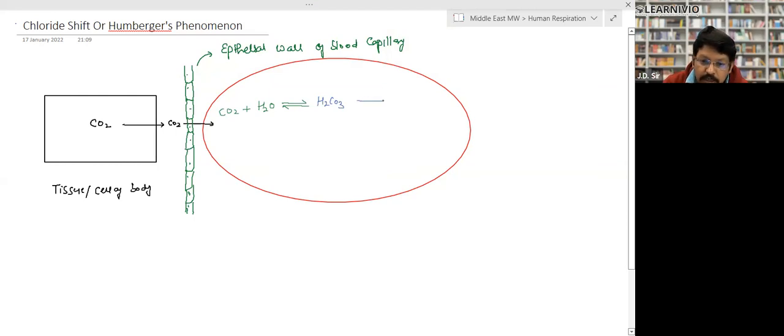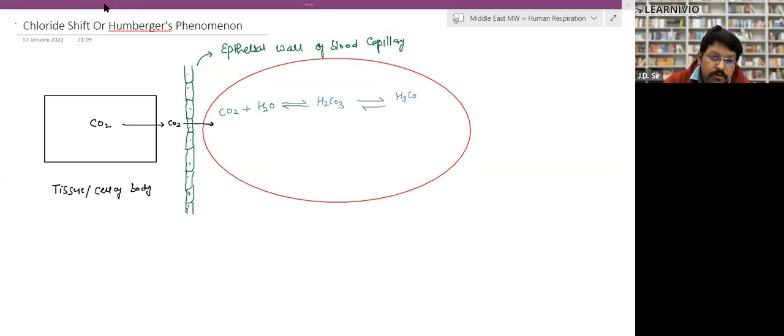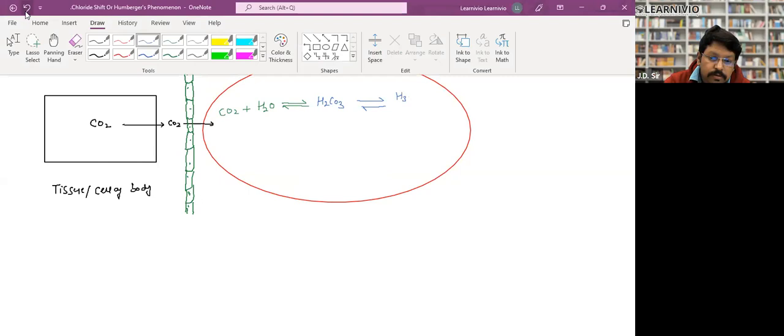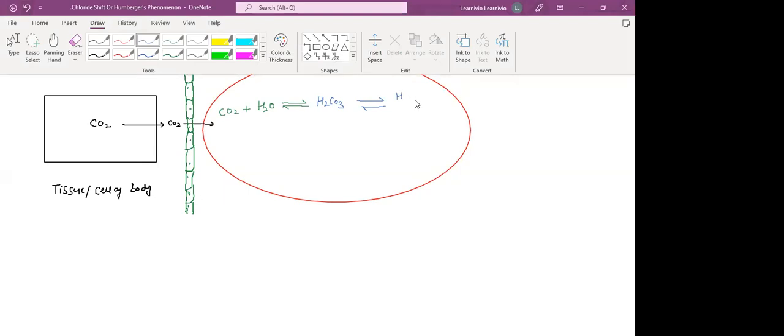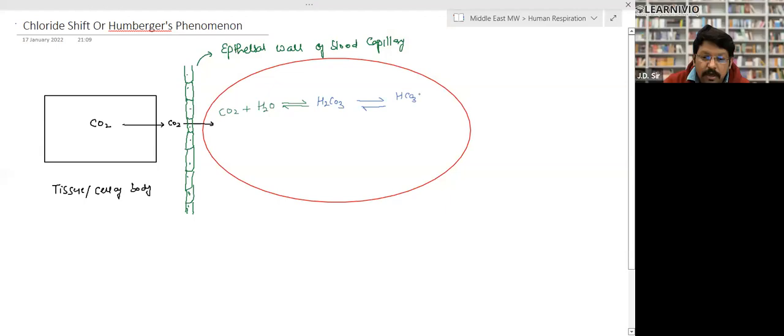Again, the carbonic acid will break down into two components. What are these components? We know this is bicarbonate, HCO3 negative, the bicarbonate ion, and plus another component that is called hydrogen. First, I want to discuss what will happen with this hydrogen.